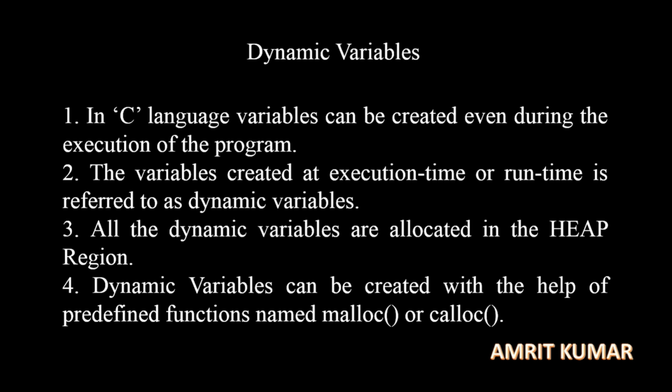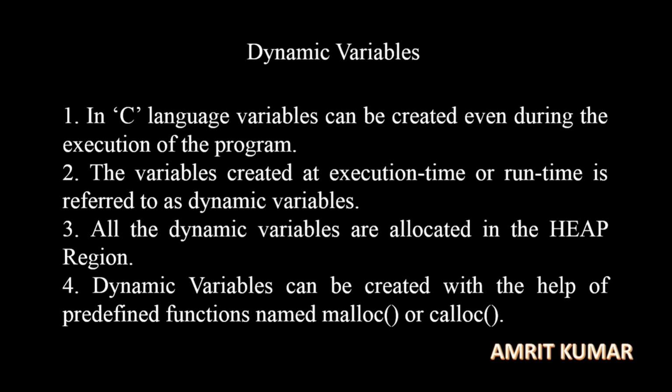The third point is very important: all the dynamic variables are allocated in the heap region. We talked about the heap region in the previous video on C's memory structure, where we learned about the program code, global, heap and stack regions.